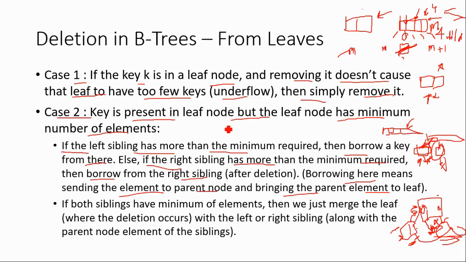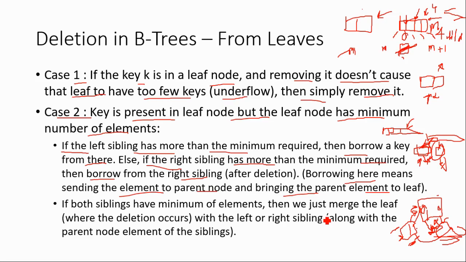And the next point says, in both cases we had considered that the sibling from where we have borrowed has an adequate number of keys. That means after borrowing there will not be any underflow.